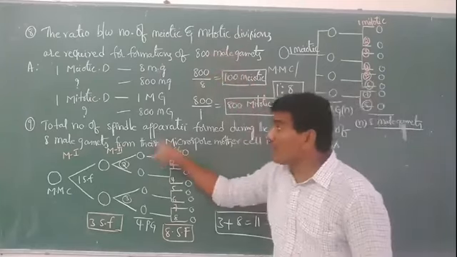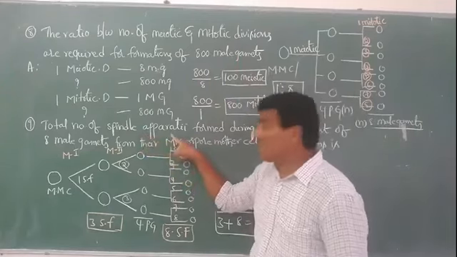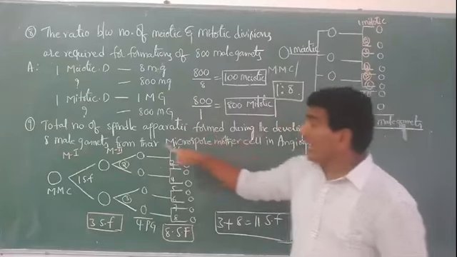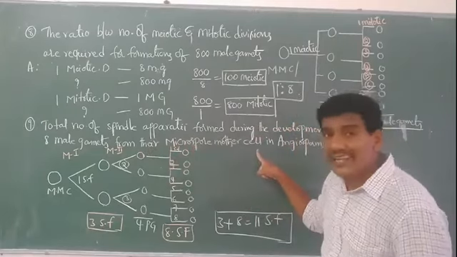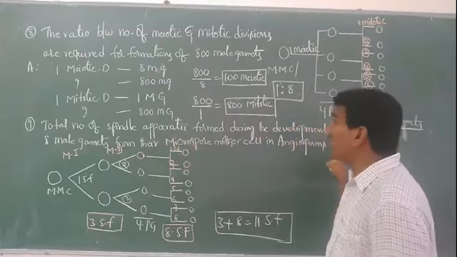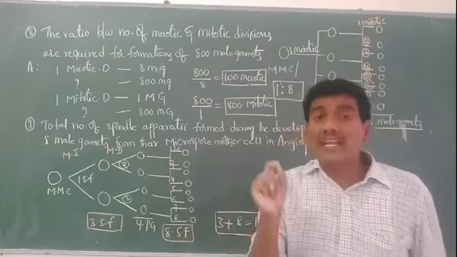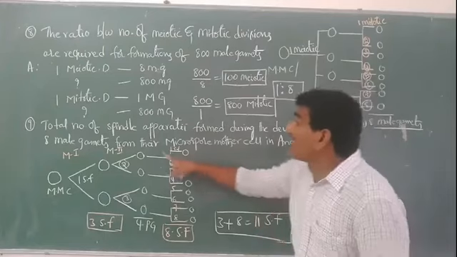The 9th problem: the total number of spindle apparatus formed during the development of 8 male gametes from the microspore mother cell in angiosperms.